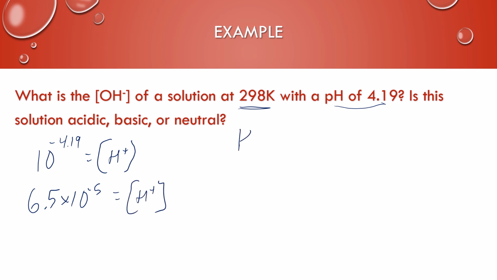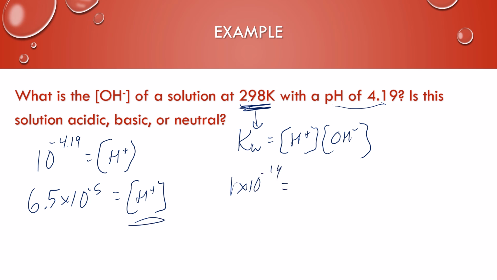And then we know Kw is equal to H plus times OH negative. Kw at 298 Kelvin is 1 times 10 to the negative 14th. And we just found the hydrogen ion concentration, so I can divide to find the OH concentration.